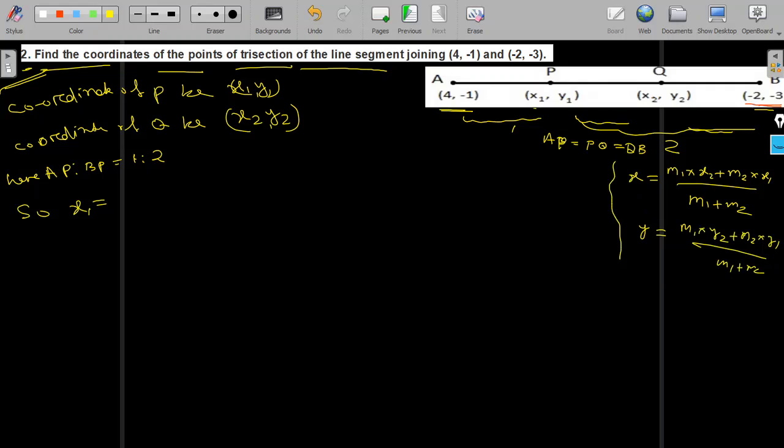This is the section formula. But don't confuse it with x1 and x2. We have assumed the coordinates of P are x1 and y1.